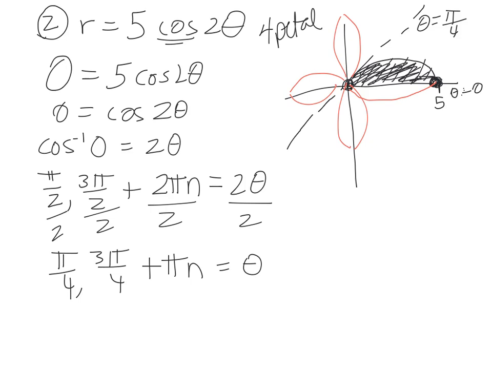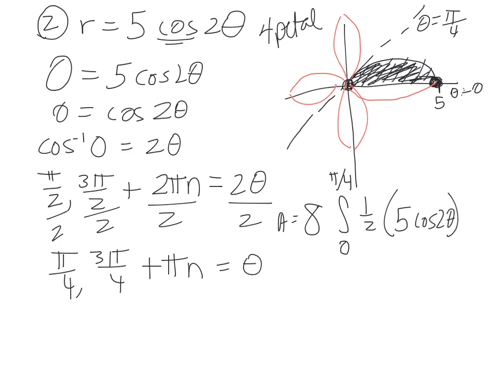Alright, so let's write the equation. It's going to be 8 for the area. 8 times the integral from theta equals 0 to theta equals pi over 4 of 1/2 times r, which our r equation is 5 cosine 2 theta, squared d theta. And now that's what we need to work out in order to find the area. I'm not going to go through this one all the way to the end again.